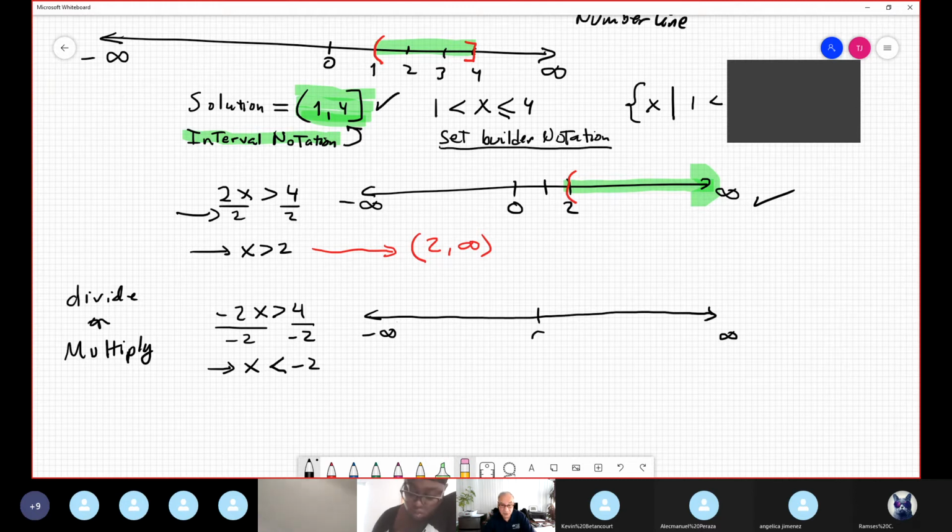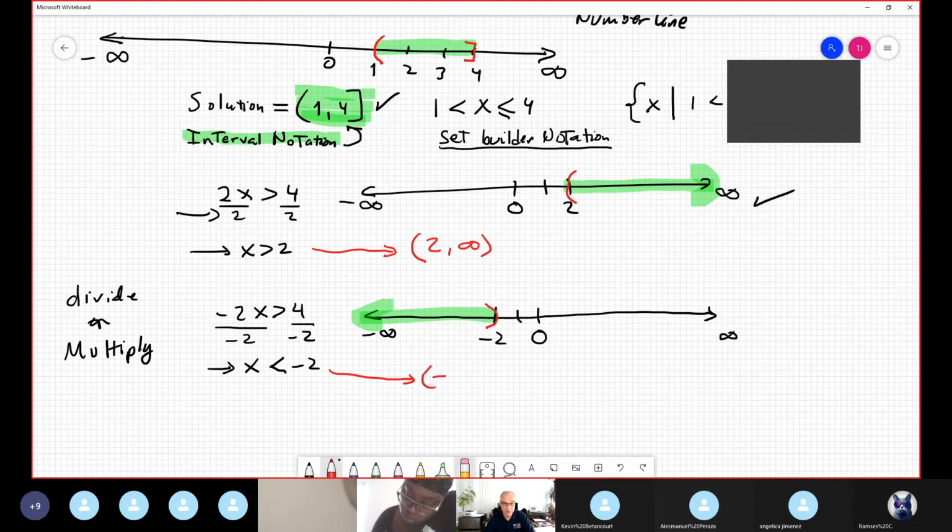Negative 2, 0 in the middle, this is negative 1, this is negative 2, so less than negative 2 is to the left. I highlight that part, continuing forever to negative infinity, and of course negative 2 is not included because we have no equal here. No equal, no include.